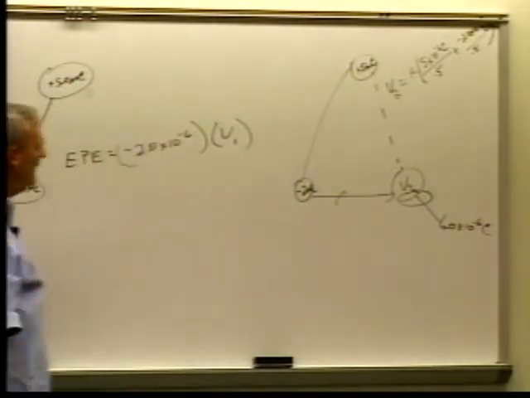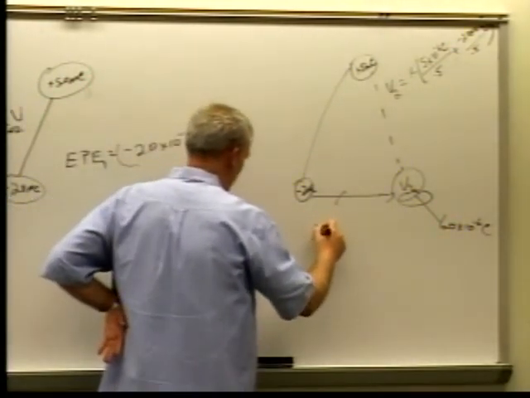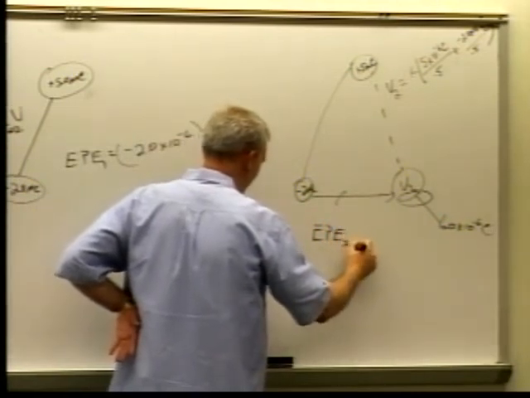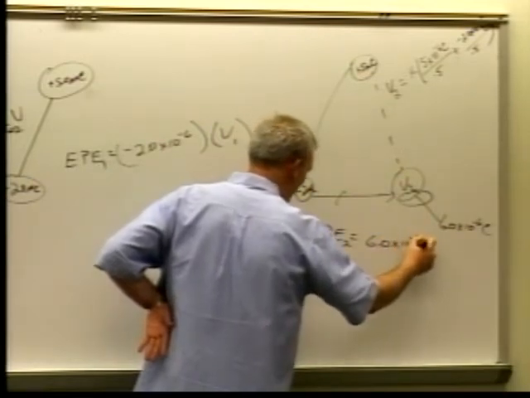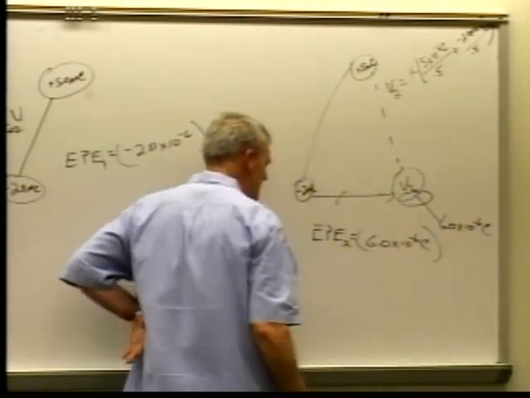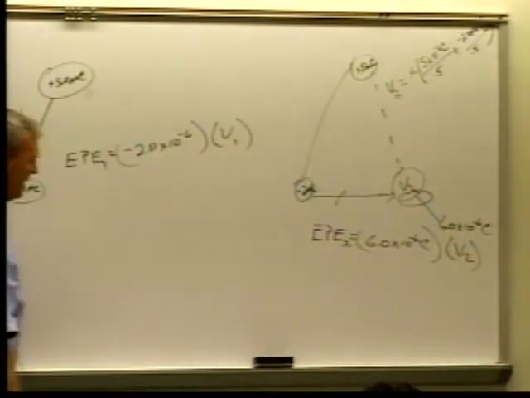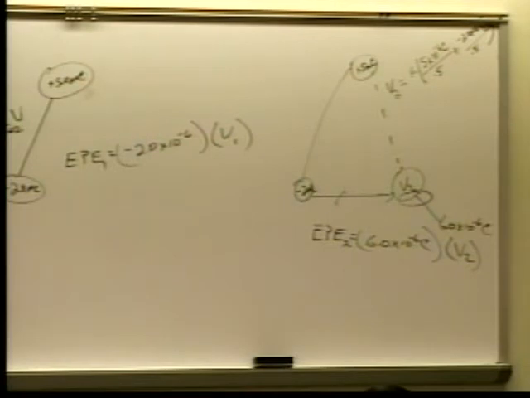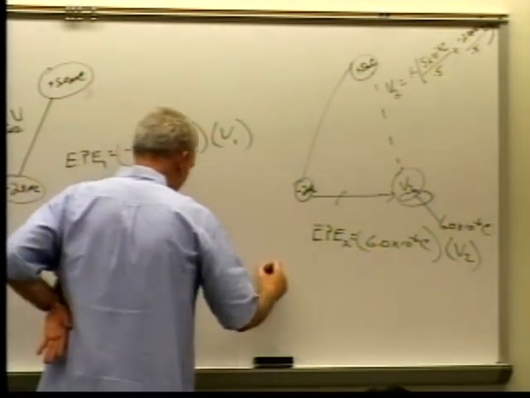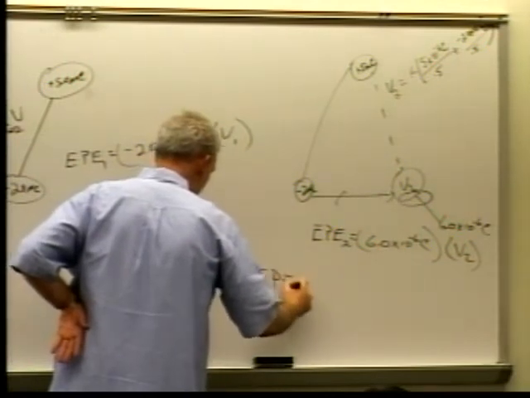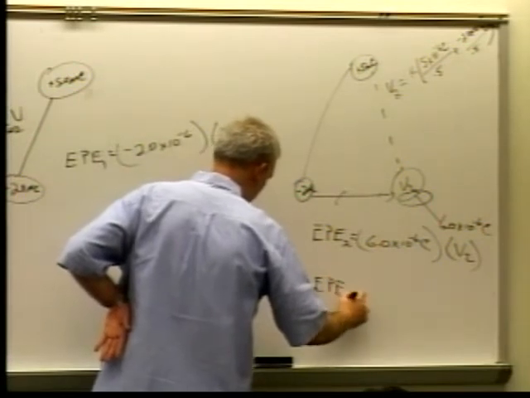That energy, I'll call it electric potential energy 2, is equal to 6.0 times 10 to the negative 6 coulombs times V2, which V2 is all that up there. And so the total electric potential energy of this thing is EP1 plus EP2.